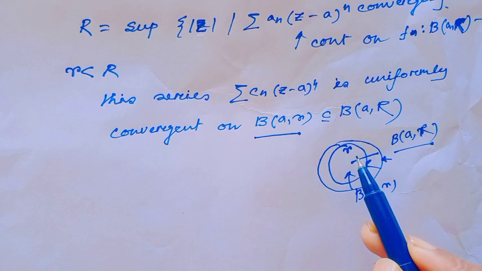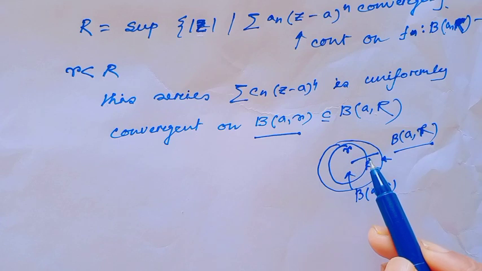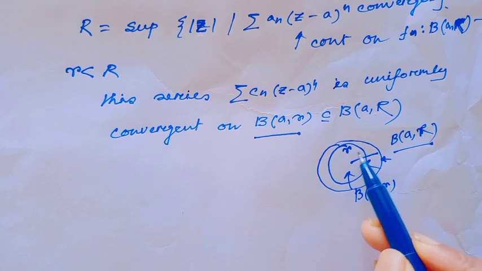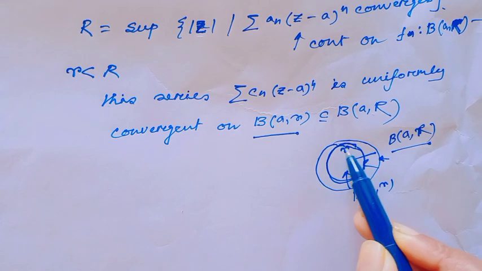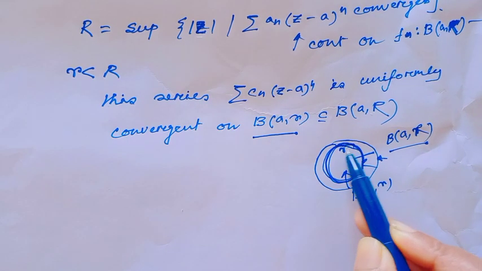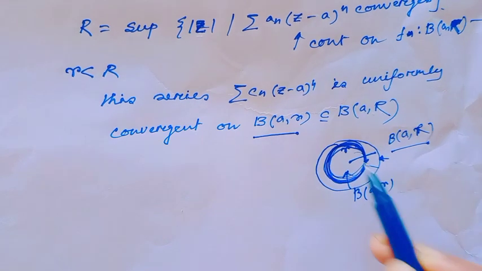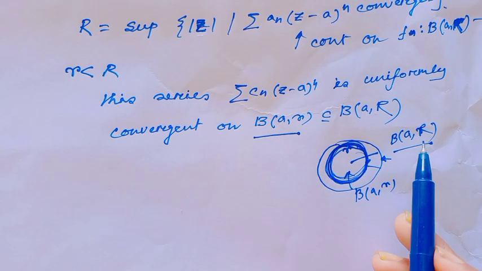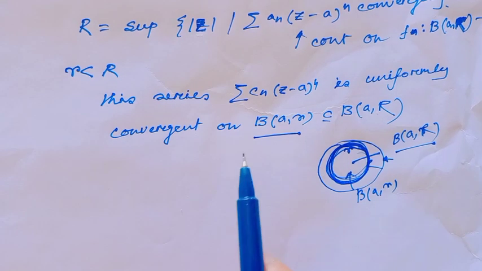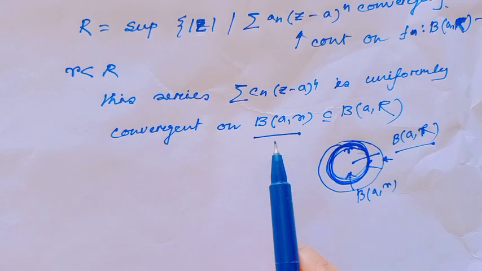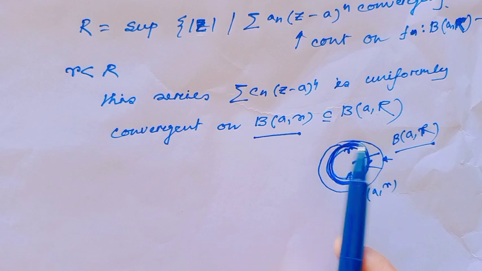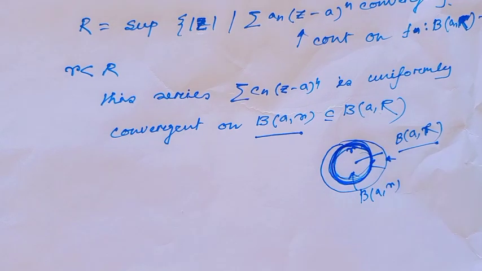In this region the power series is always convergent, and it is a continuous function, and since this region is closed, in this region this function is uniformly convergent. That means the series is uniformly convergent on the closed ball B(a, r), which is contained in B(a, R).